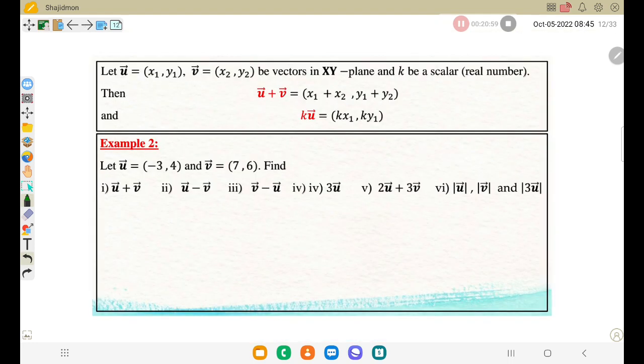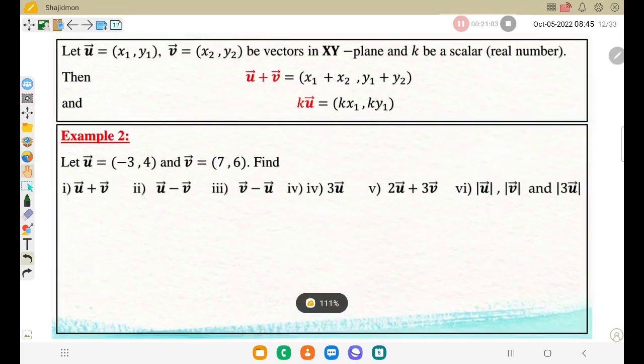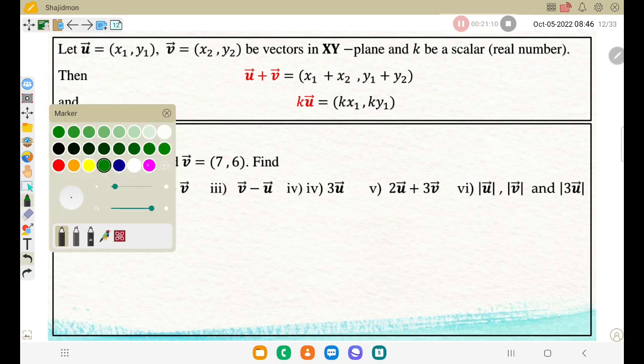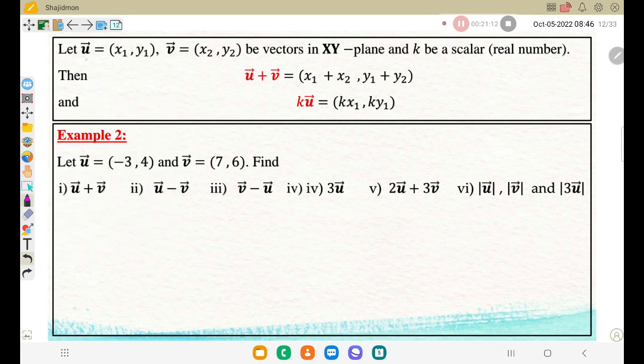Now we are going to discuss how to add two vectors, how to subtract, and how to multiply vectors. For example, you can see the rule first. Let u equal vector (x1, y1), and vector v equal (x2, y2). Then u plus v means first add the x values: (x1 plus x2, y1 plus y2).